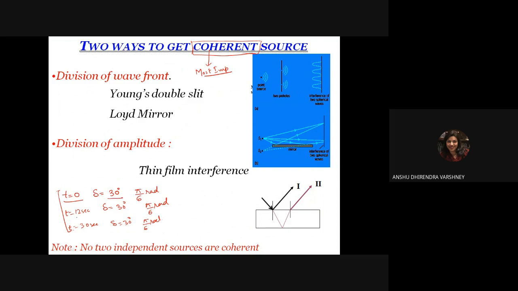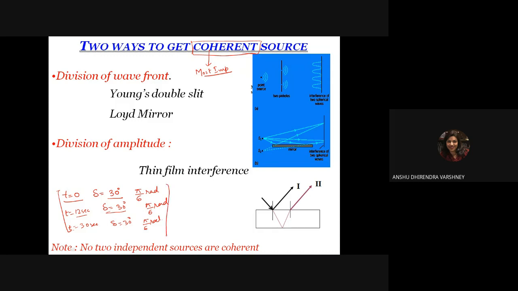But after 12 seconds, it is not necessary that there will be a phase difference of 30 degrees again. So they are not synchronized, they are not coherent. The two independent sources are not coherent, क्योंकि उन दोनों के बीच में जो फेज डिफरेंस है वो टाइम के साथ चेंज होता रहेगा. They will not have a constant phase difference.